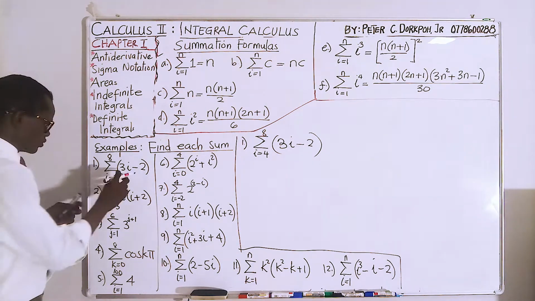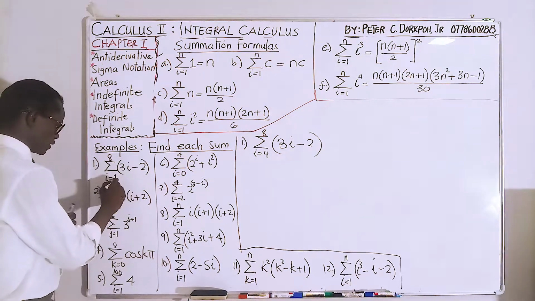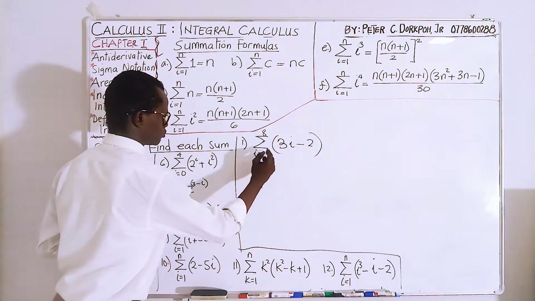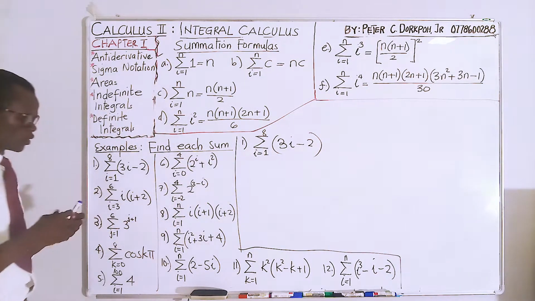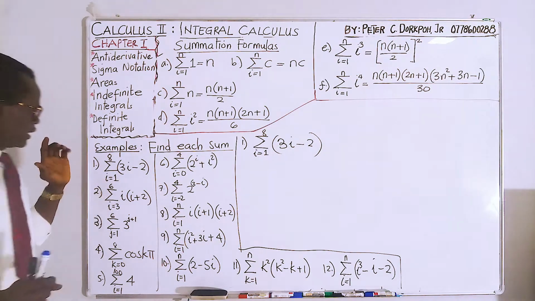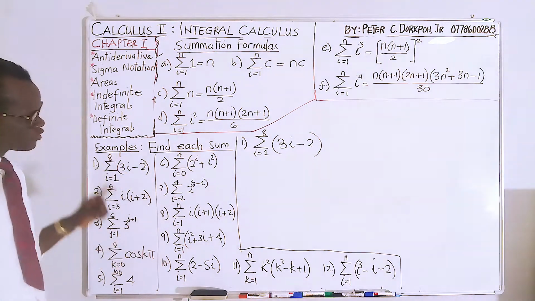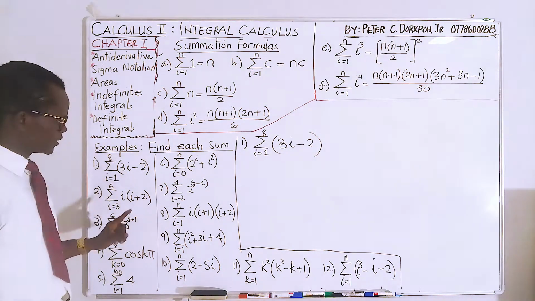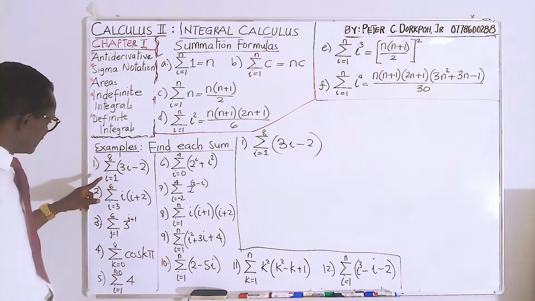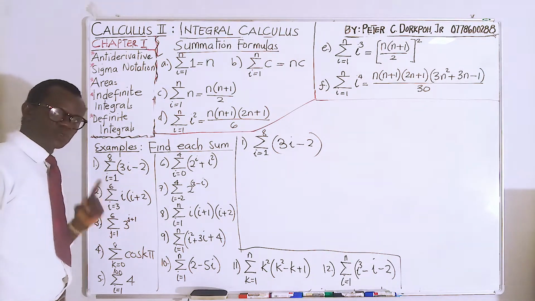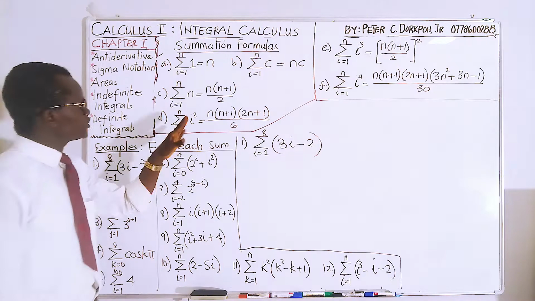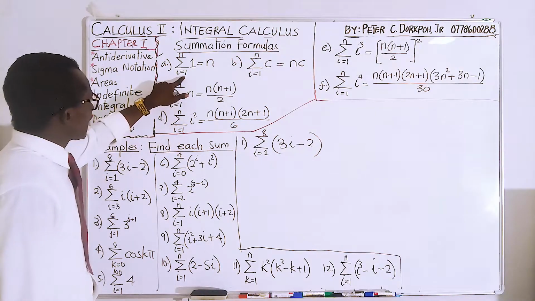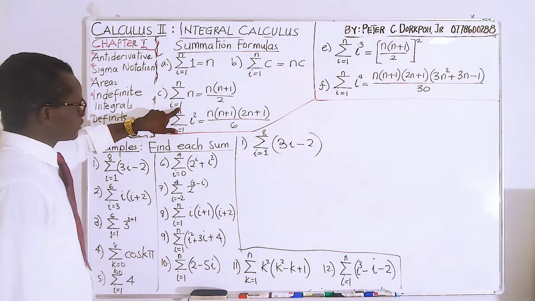Now the first one, I'm going to take one. Let's make r to be 1. The only way you can apply these formulas is when your index of summation begins with 1, because you see, in all of the formulas, r begins with 1, the index of summation.